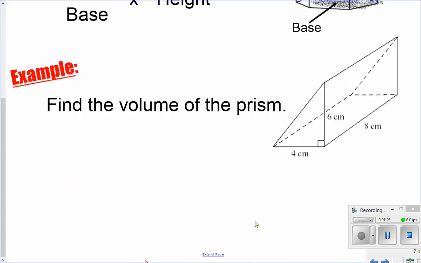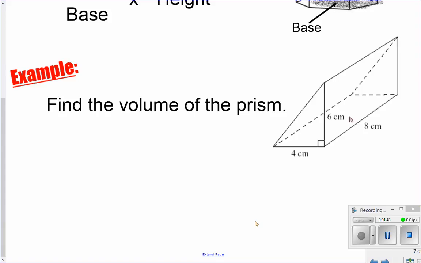So I have this prism, which, by the way, let's just decide what kind of prism it is using your vocabulary from the other night. I can see that we have a triangle here and a triangle in the back, and those are congruent. They're the exact same shape, and they're parallel to one another. So those are the bases of this prism.